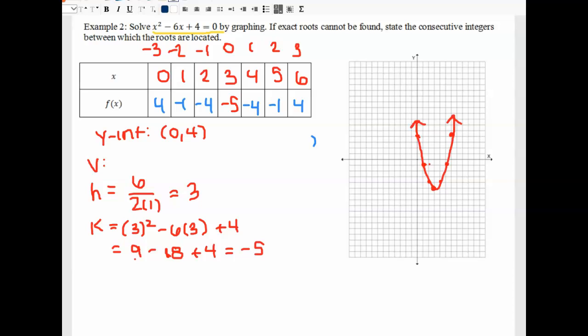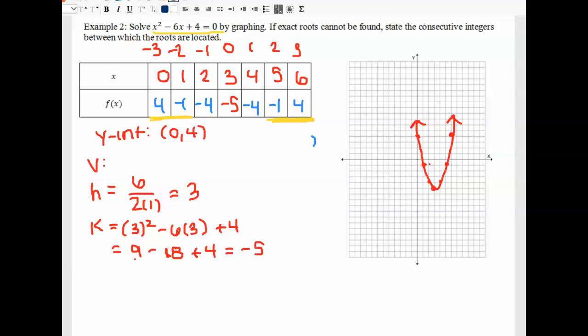So again, what you notice this time is that when I plot my points and I look at my graph, there are no zeros in my table. So I need to look at where the table goes from a negative to a positive or a positive to a negative. And that happens twice.